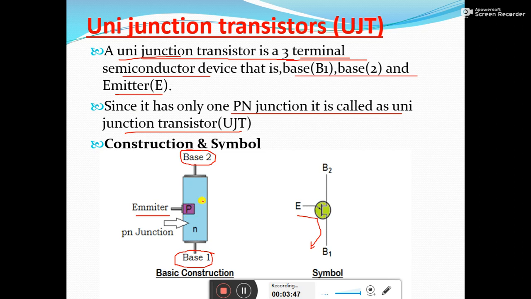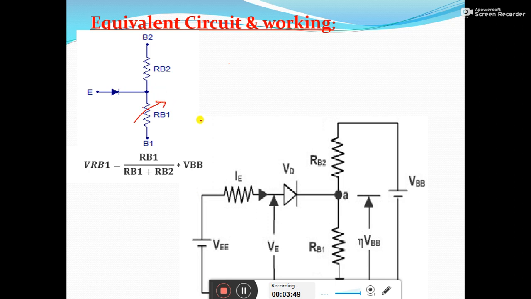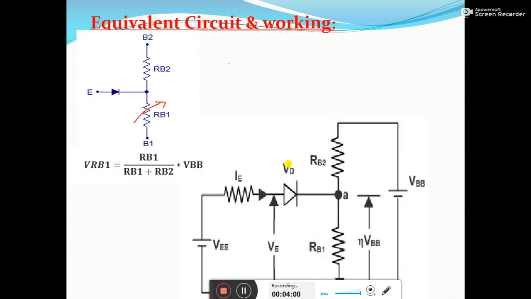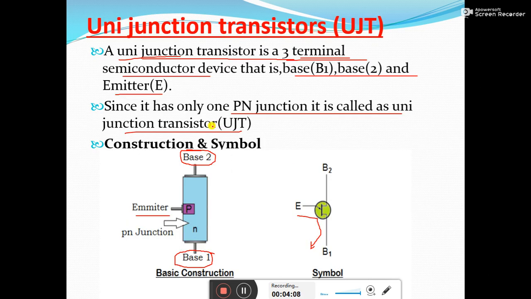The equivalent circuit will be a PN junction diode. Since this entire bar is lightly doped, it can be represented by a single resistor, but since this single resistor is bisected by the emitter terminal, let's show it here.